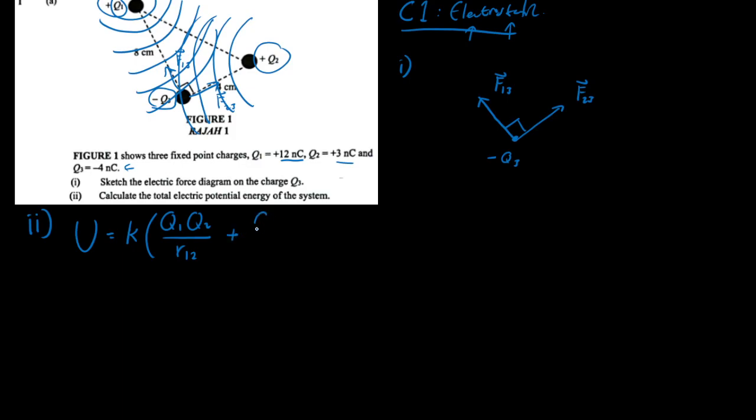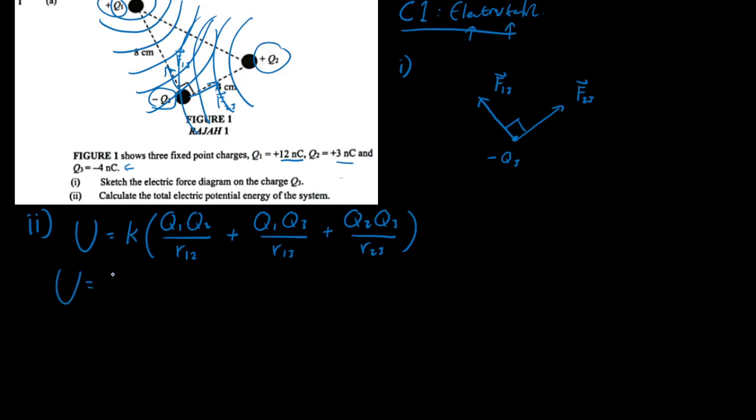Now I'm going to consider Q1 and Q3 and the distance between them, r 1,3. At the same time, I'll have 2,3 as well, so Q2 and Q3, and of course the distance between them. Once I have this, I can continue on substituting certain values to calculate the answers.